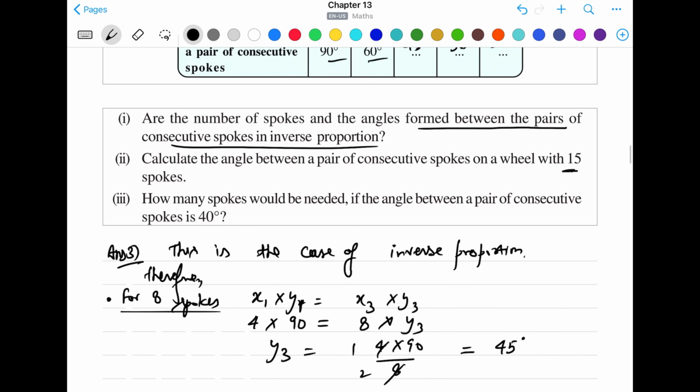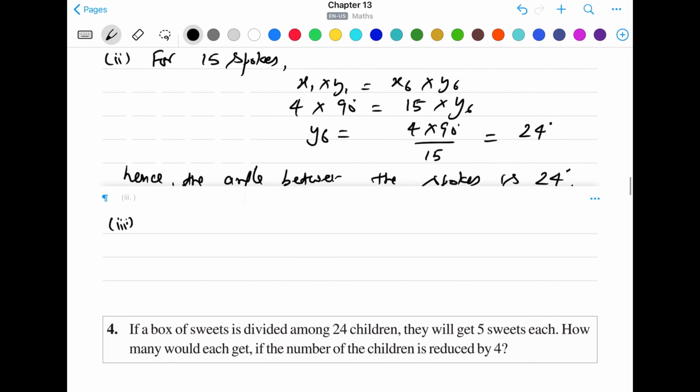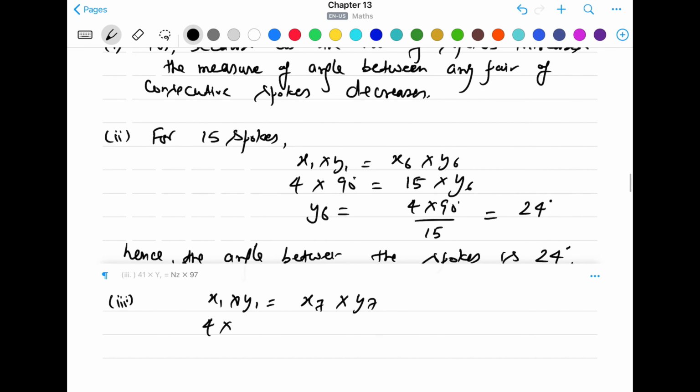Let's see the third one now. Third one is: how many spokes would be needed if the angle between a pair of consecutive spokes is 40 degree? That means the value of y is given, which we are considering as y7. So we have x1 into y1 equals x7 into y7. x1 is 4, y1 is 90, x7 we have to calculate, and y7, the angle between the spokes, is given as 40 degree.